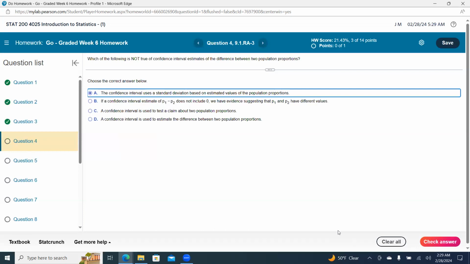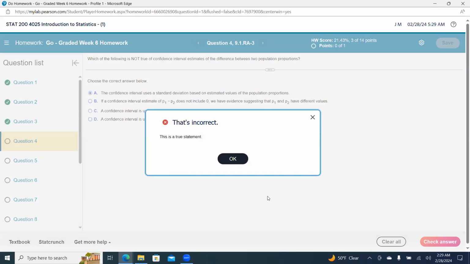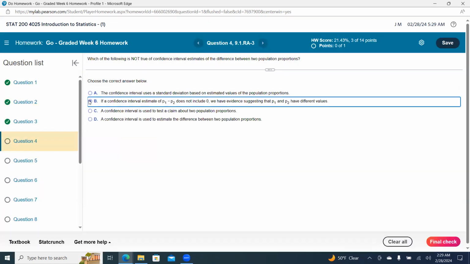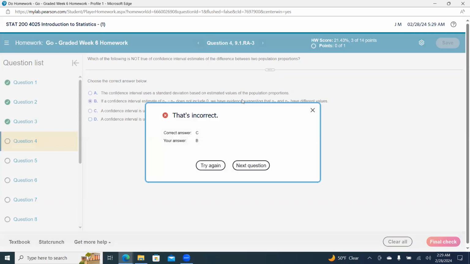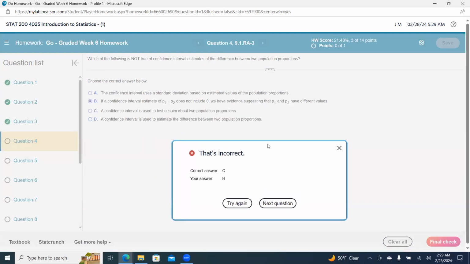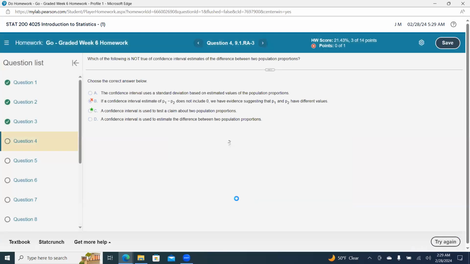Which of the following is not true of confidence interval estimates of the difference between two population proportions? The confidence interval uses a standard. Yeah, so the correct answer is what? It's going to be C.